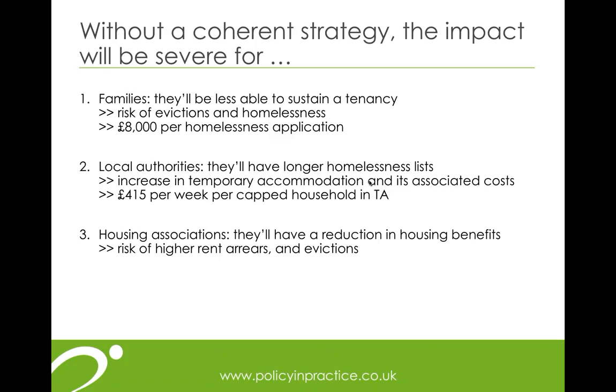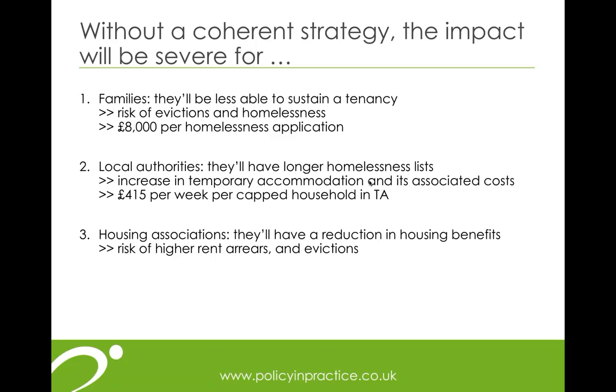So, for example, here, £415 per week per capped household in temporary accommodation in Croydon is a significant amount to be spending. And there's a real question there, possibly around false economy, and how you can get support to help individuals no longer be affected by the cap. Similarly, it has a knock-on effect on housing associations.